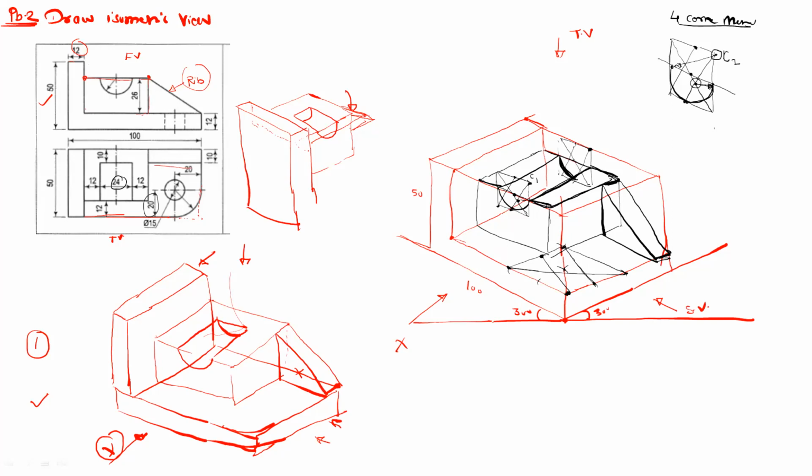So we should select this as a center, and you can draw this complete arc. So take this as a radius. This is center C1 and draw this arc. Okay. So this is the fillet in the isometric view.